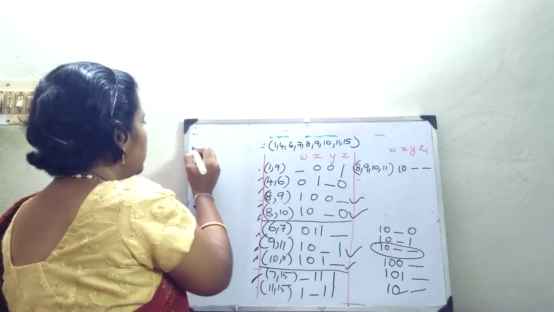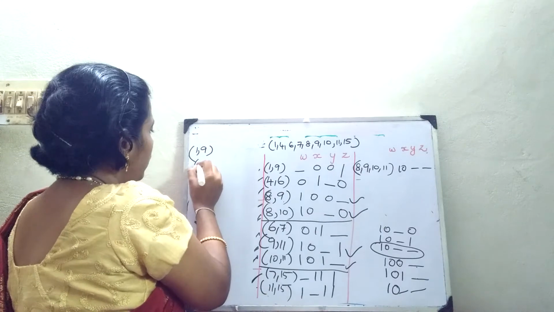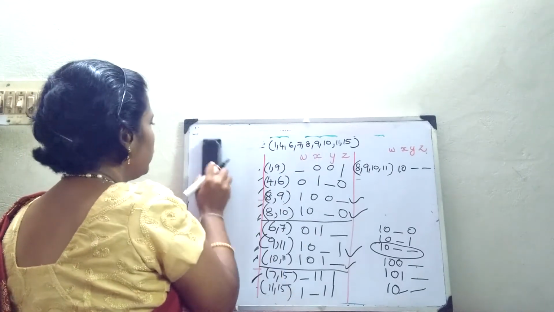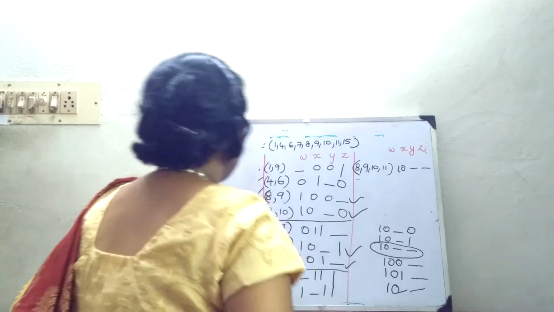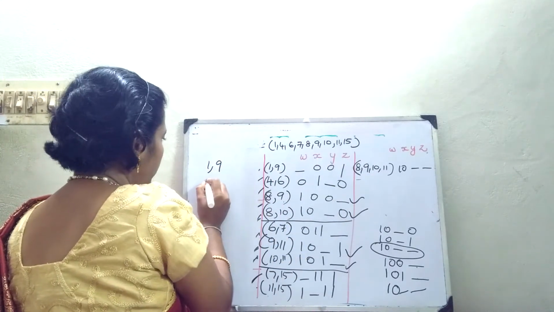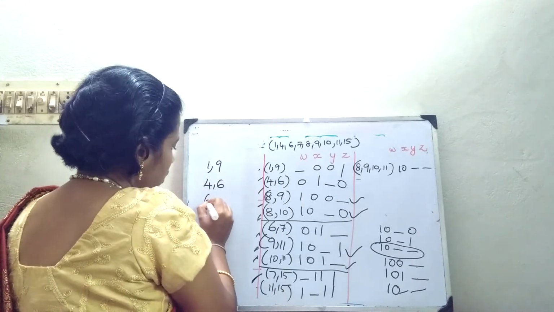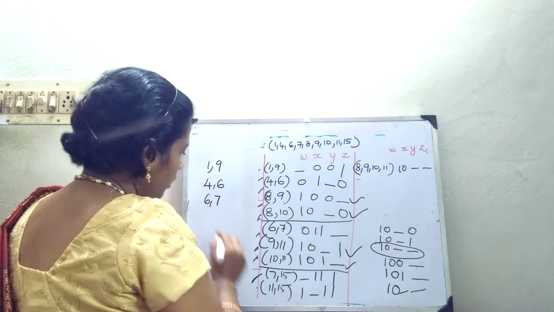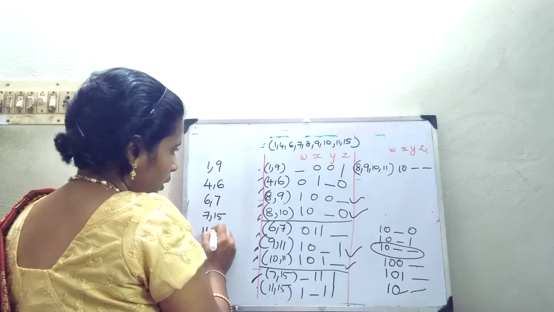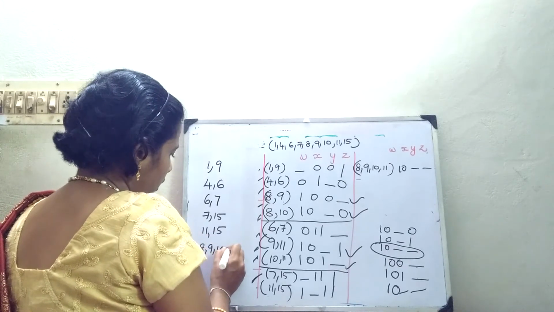So it is 1, 9, unchecked. 4, 6 is unchecked, 6, 7 is unchecked, 7, 15, 11, 15, 8, 9, 10, 11.